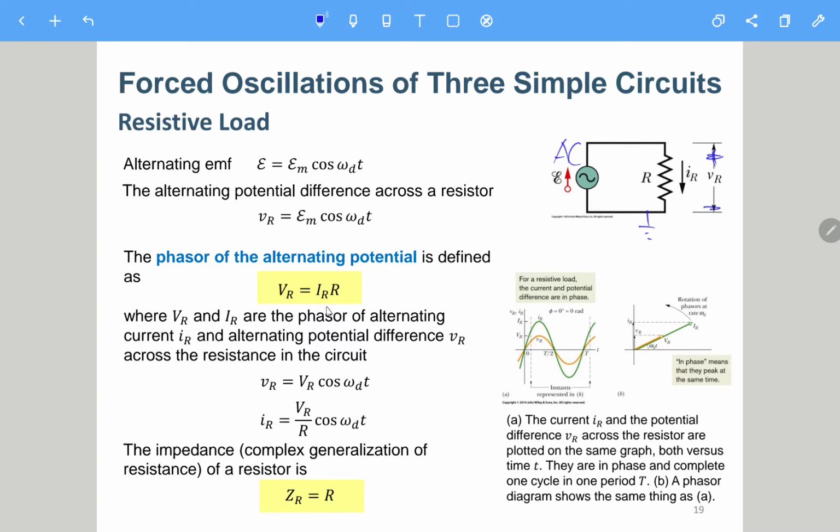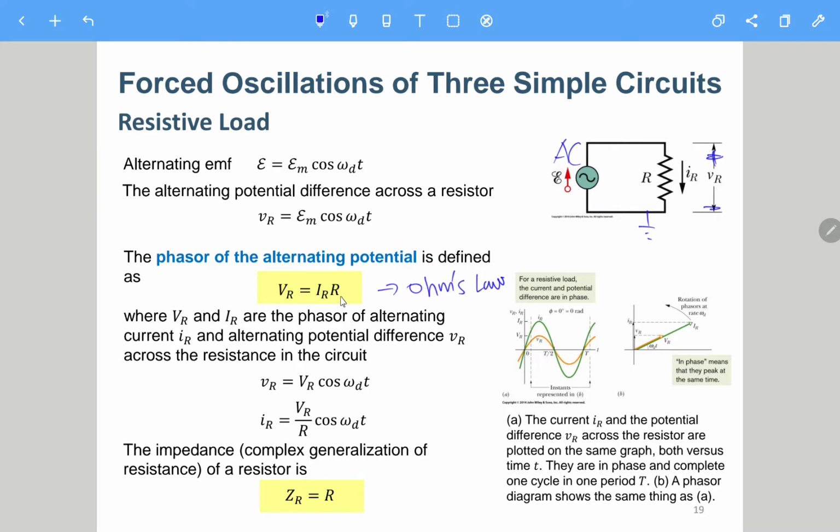So VR equals IR times R. It simply looks like Ohm's law. Actually, the idea is to make something like Ohm's law. It tried to eliminate the cosine omega d t, although it is our AC source, by using the phasor to get rid of the sinusoidal there. And then this simple equation is nothing but Ohm's law.